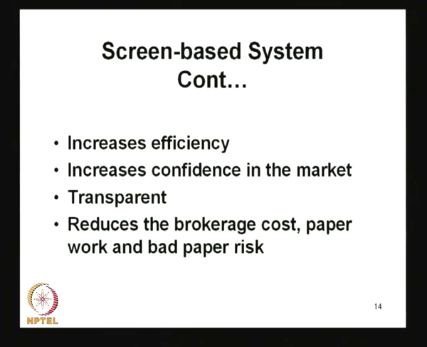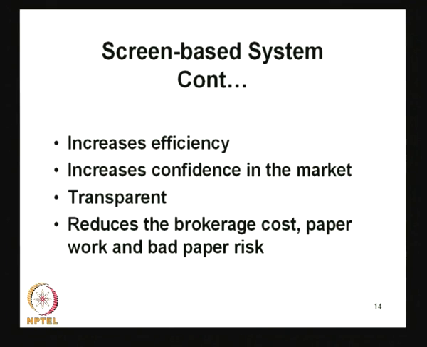It increases the confidence in the market. Why does it increase the confidence? Because all the information is available there itself. So, all the investors can come to know which stock or asset is available at what price. Accordingly, they can choose on the basis of their risk return profile.